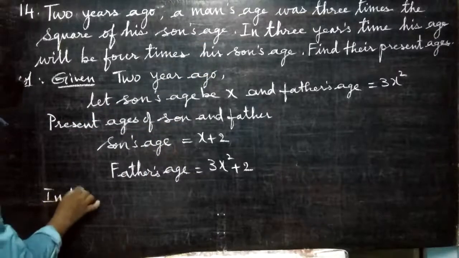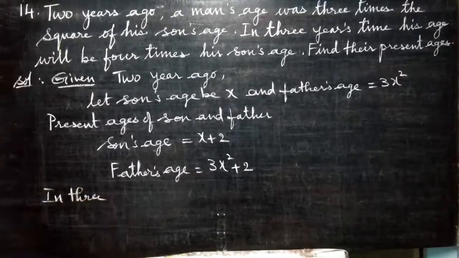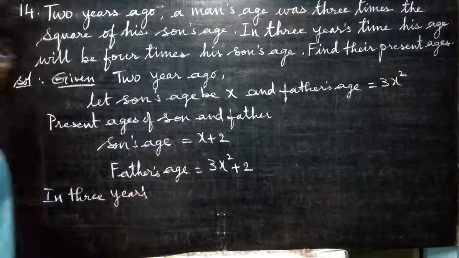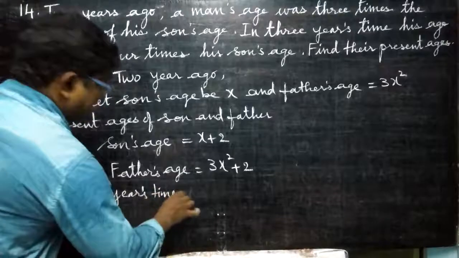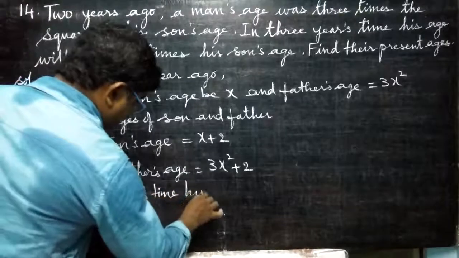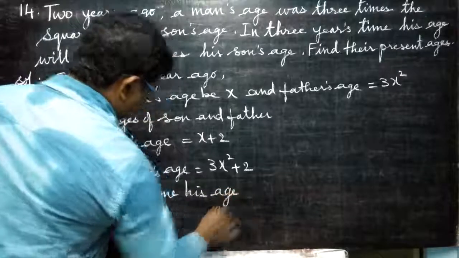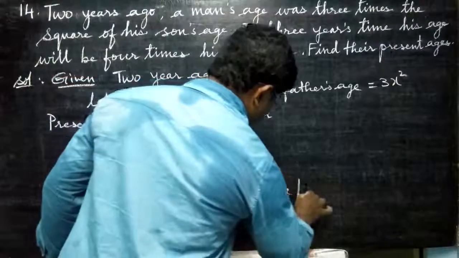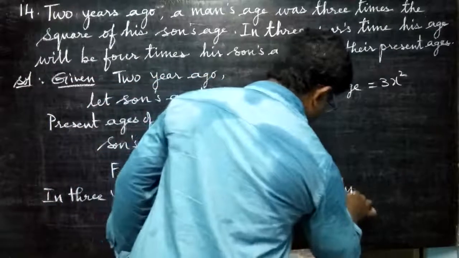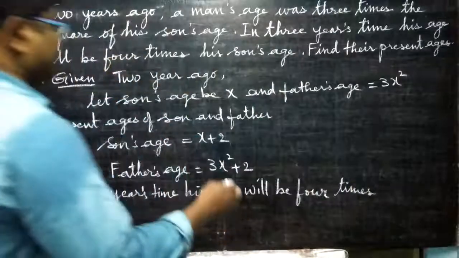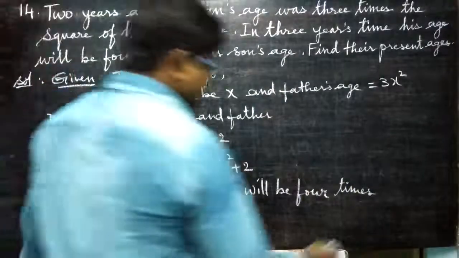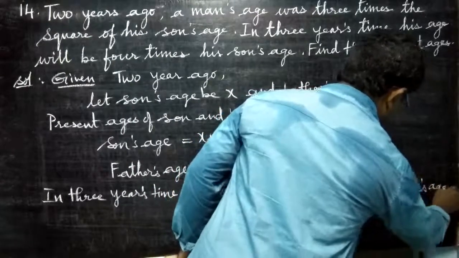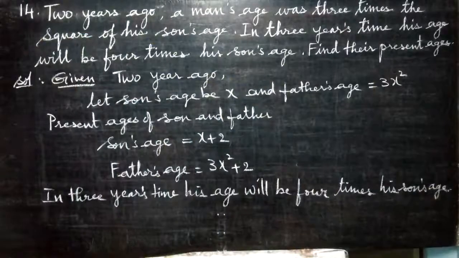In 3 years' time, his age, his means father's age, will be 4 times his son's age. This is the condition. Each and everything we have to read and write carefully.